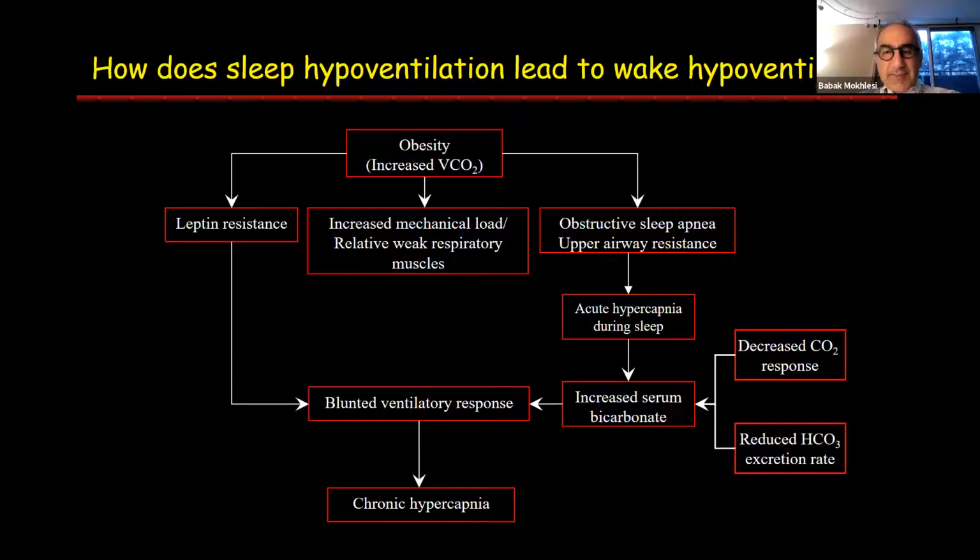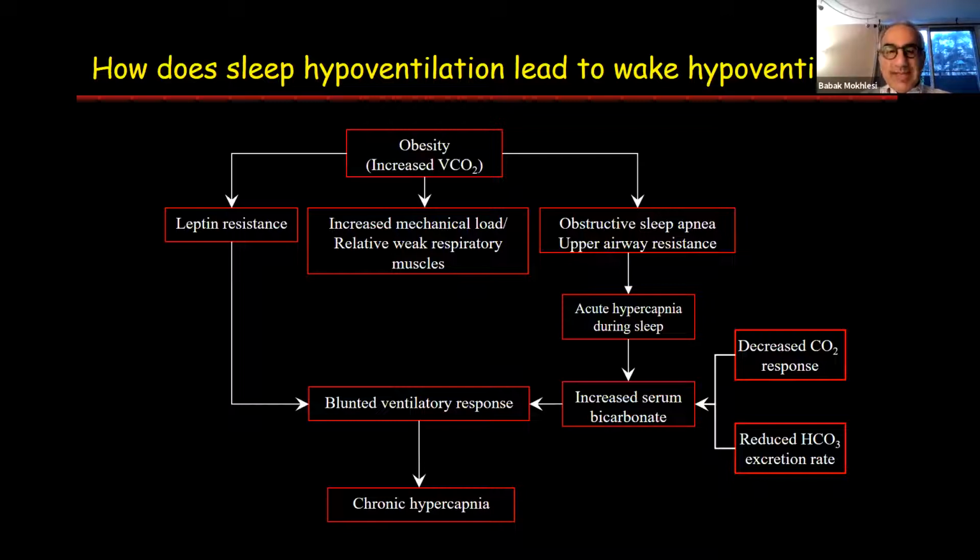And a very elegant study by Seva Polotsky's group from Hopkins, published a couple of years ago in the Blue Journal, really gave nice clues about this. What his group did is they had a mouse model of hypoventilation. And when they injected leptin intraperitoneally, which would be systemic, there was no impact in terms of changes in ventilation and improvement in CO2.